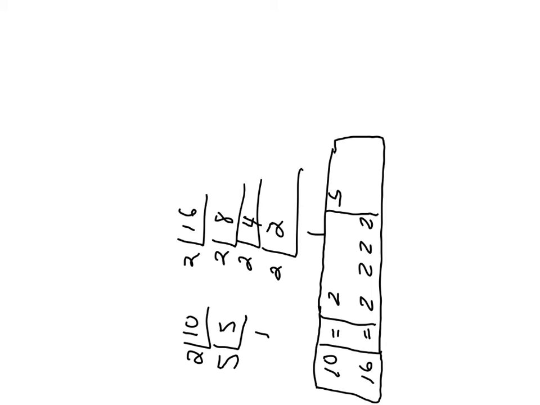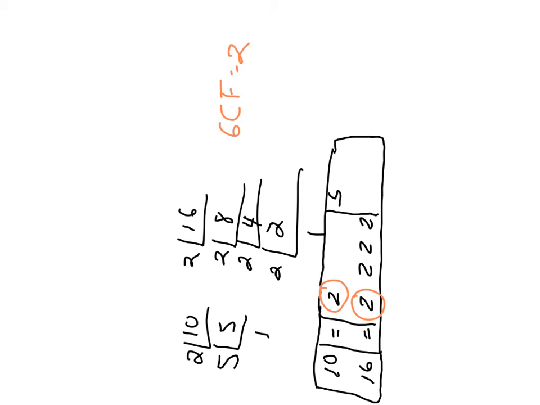And what you do is you circle all the numbers that are in the top and the bottom. So we have a 2 here and a 2 here. There's nothing else left. So that's how we find our GCF equal to 2.